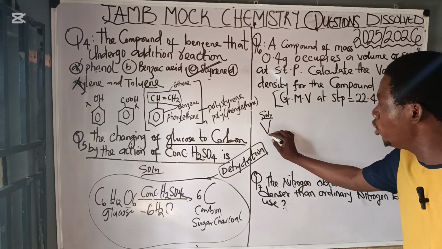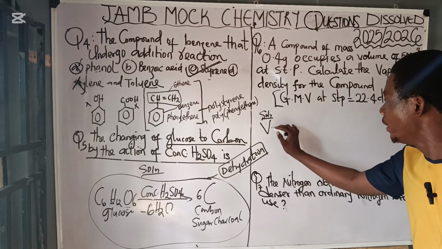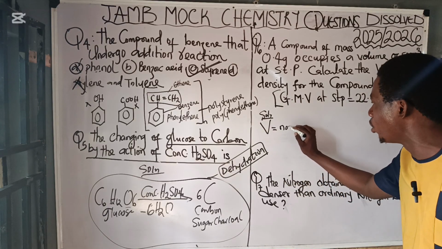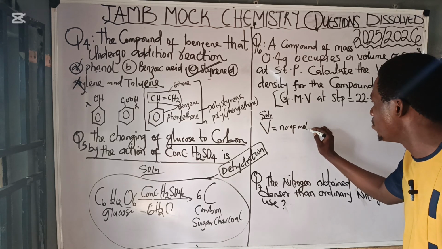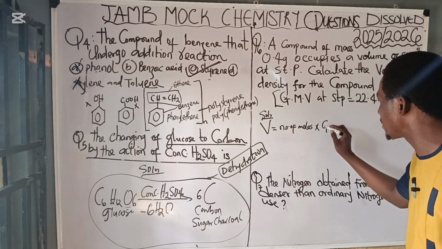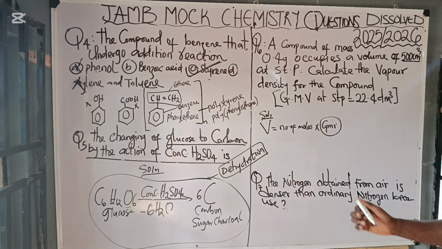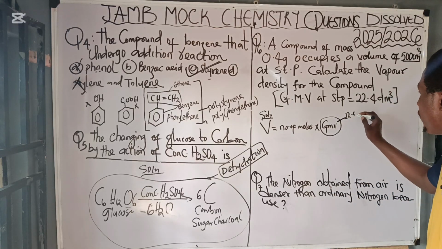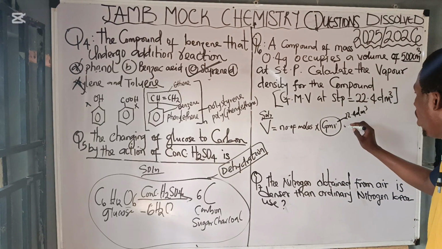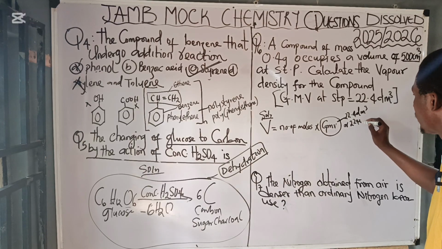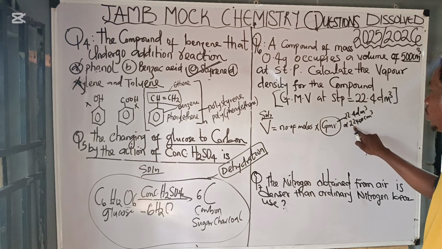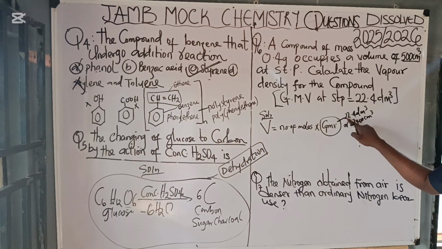Remember that the volume of a gas at STP is equal to the number of moles of the gas times the gas molar volume. Your gas molar volume, GMV, is equal to what? 22.4 dm cube, or 22400 cm cube in the unit of cm cube, while this is the unit of dm cube.